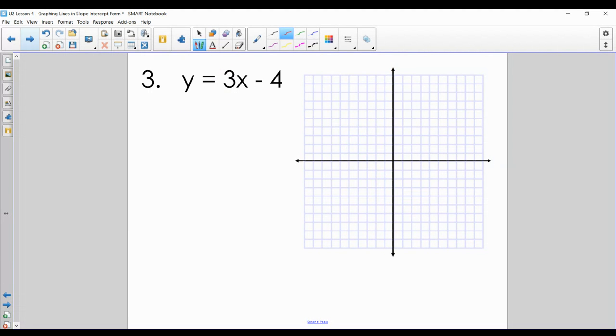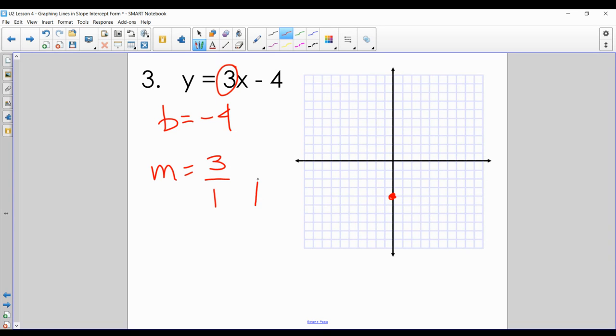Number 3, again, y-intercept is -4, so I'm going to plot that point. Y-intercept is always my starting point. Then I'm going to use the slope of +3, and I can think of that as 3 over 1.